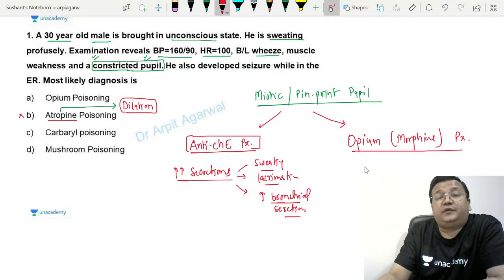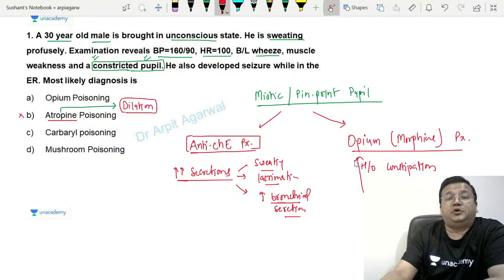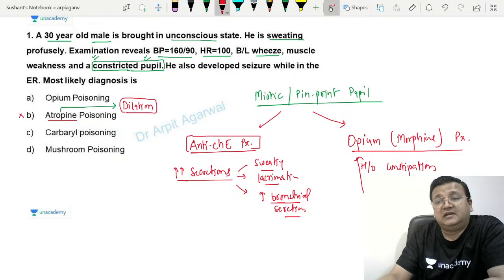And if you have history of constipation along with shallow or depressed breathing, and insensitivity to pain, you are looking at opium poisoning, morphine poisoning. Remember, morphine causes analgesia, so insensitivity to pain. Morphine causes constipation, and respiratory depression, so shallow breathing.